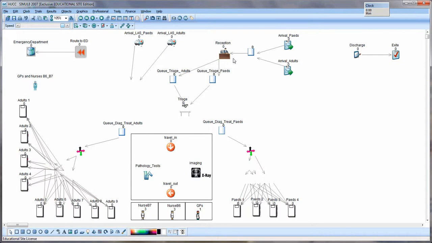Now we know that we have 2 receptionists and 2 triage rooms. Also, we know that we have 9 cubicles for adults and 4 for peds. How about resources such as nurses and GPs or doctors? Let's have a look.